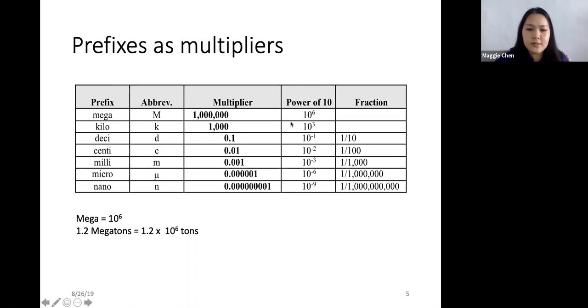So it's 6 spaces to the left, and that means that this is a really big number. So again, at the bottom here, if mega is 10 to the 6, then 1.2 megatons can also be written as 1.2 times 10 to the 6 tons. So they mean the same things, but you can just write it in different ways.